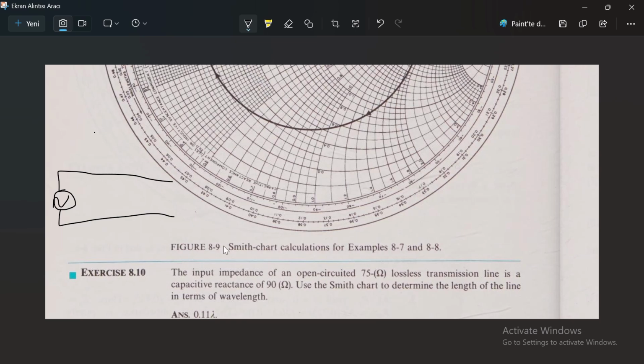So the input impedance of an open-circuited 75 ohm lossless line is a reactance of 90 ohm. We know the input impedance; it is given as a capacitive reactance of 90 ohm. Also, we know R0, which is 75.